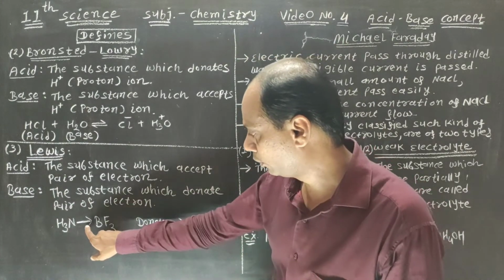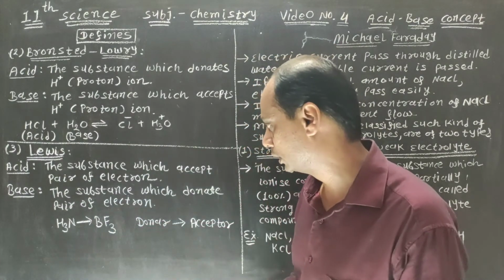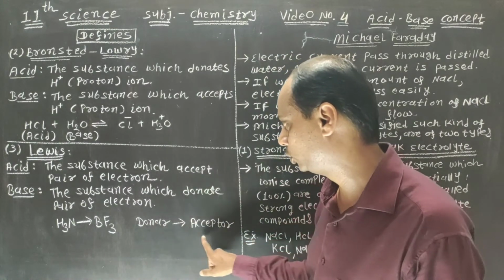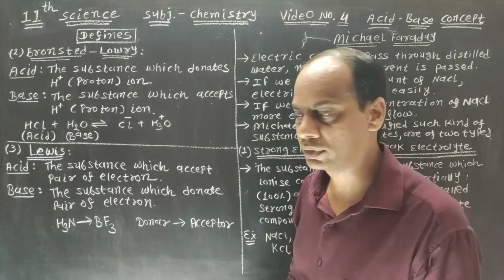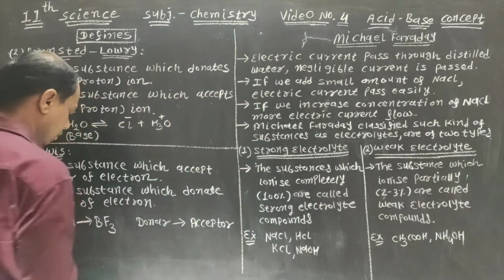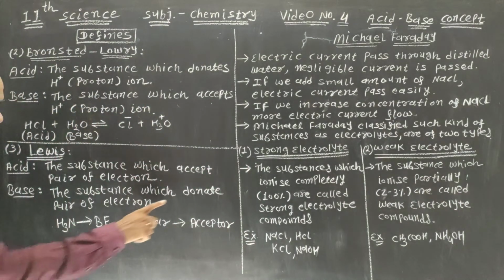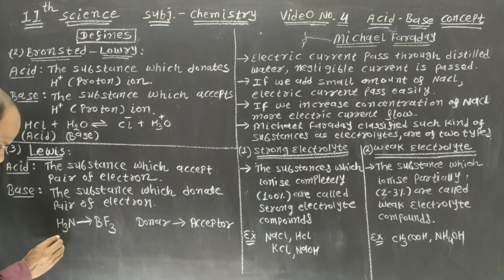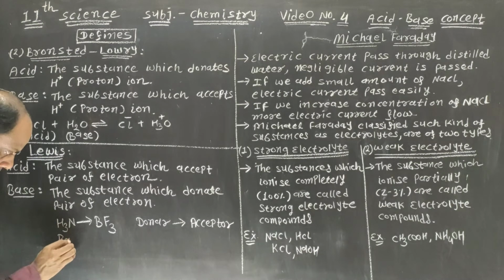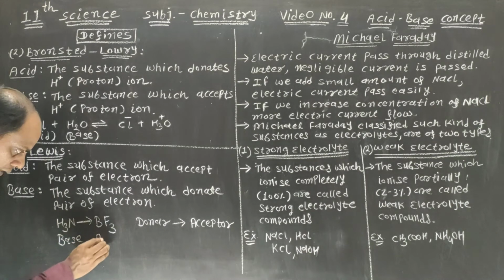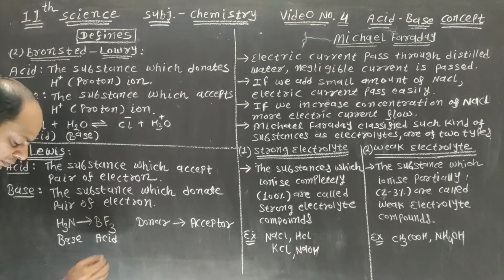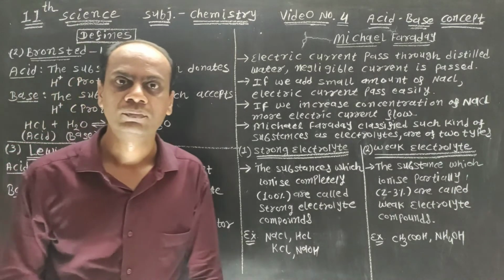Here the arrow is from nitrogen to boron, which means the arrow is from donor to acceptor. When ammonia donates a pair of electrons, it is a base. So NH3 is a base and BF3 is an acid.